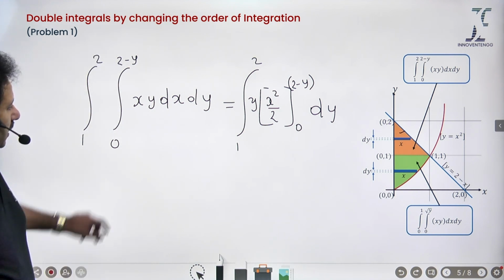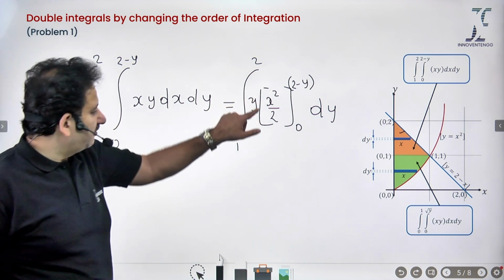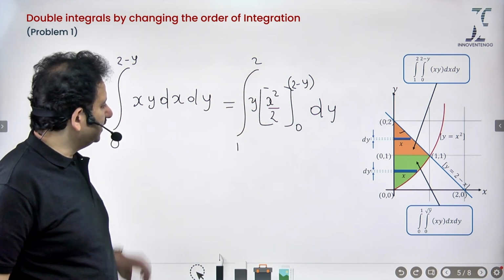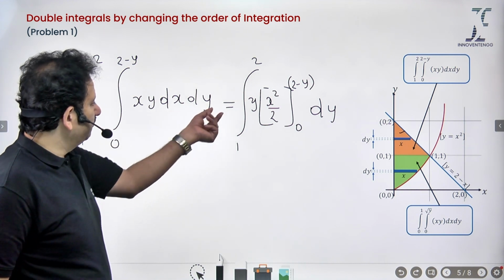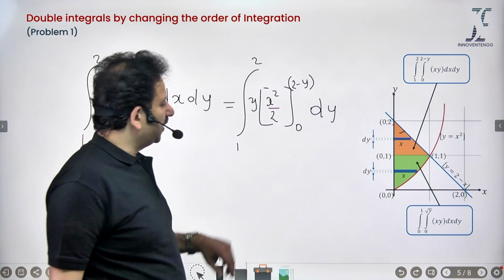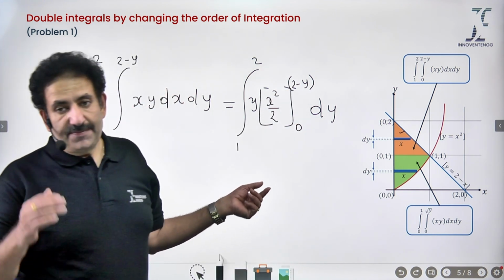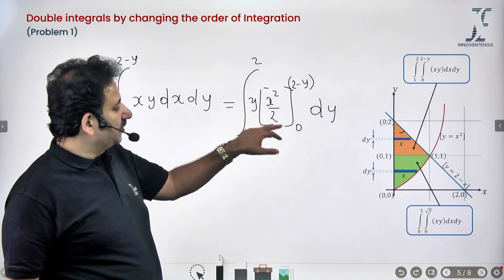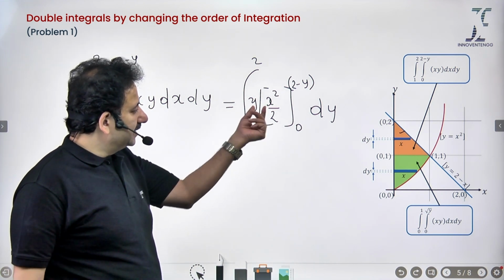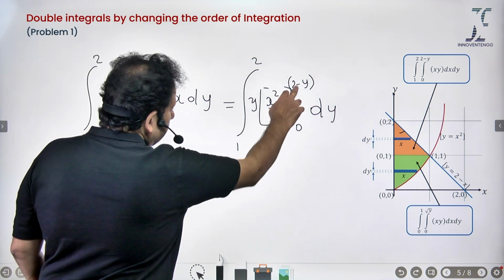So now how did I get this? I integrated x with respect to x. I got x square by 2, and then y is a constant, keep it as it is, and the limits have to be substituted for the one which you have integrated, that is x square by 2. So 0 to 2 minus y. Forget about 0 because there is no additive member here, because when you put x equal to 0, the entire function vanishes. So therefore you are only worried about the upper limit.